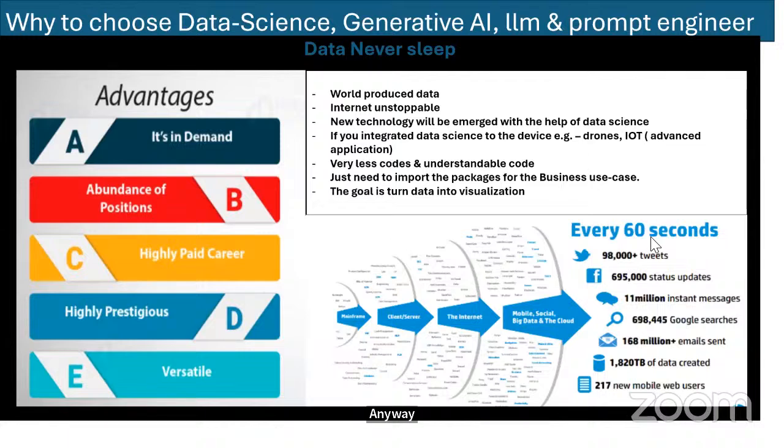Internet of Things. Yep. So every 60 seconds, 98,000 plus tweets are generated. Twitter, are you guys using Twitter or not? Okay. 6,95,000 status updates, 11 million instant messages, 6,98,445 Google searches.